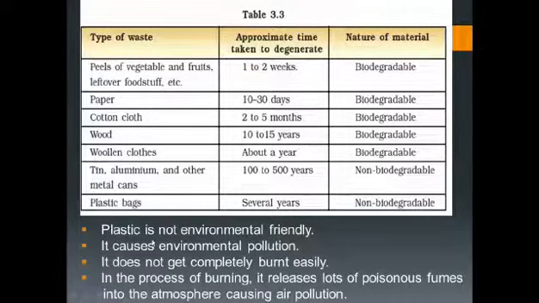So, it is not environmental friendly. It causes environmental pollution. It does not get completely burned easily. In the process of burning, it releases lots of poisonous fumes into the atmosphere, causing air pollution.